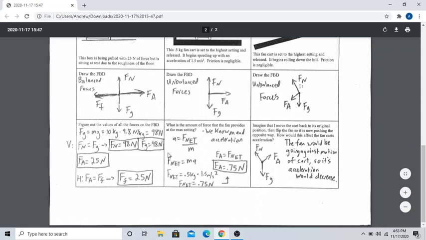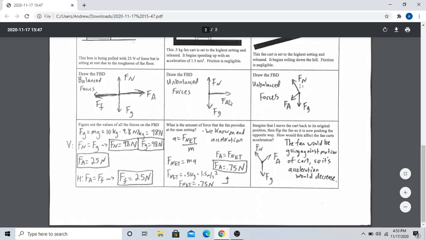However, if we look at our force conditions, the up and down forces are balanced, so Fn would equal Fg, but there's nothing balancing out the applied force, that fan force. So the fan force, Fa, is actually equal to the net force, because that is what is causing it to change its motion.